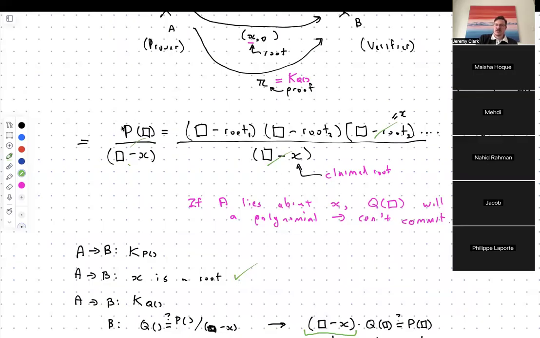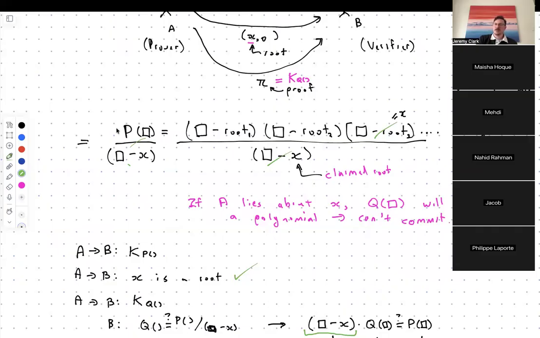So take the commitment to the polynomial, divide it by this other polynomial, and that's going to result in something that is also a polynomial called q. And I'll give you a commitment to this polynomial q. If it's true that this divided by this equals this, then this has to be a root. Otherwise, this would not be a polynomial. If this isn't a root, then this would be a rational function, and then q is not going to be a polynomial itself.